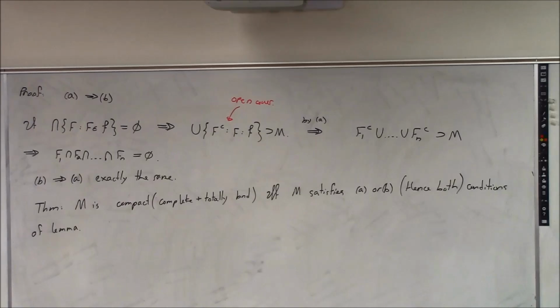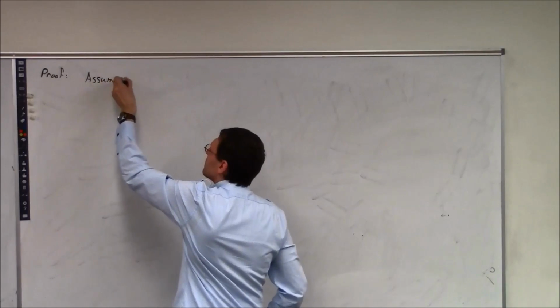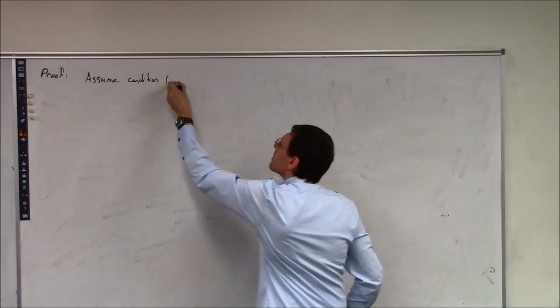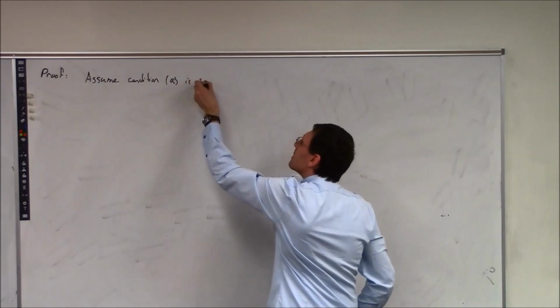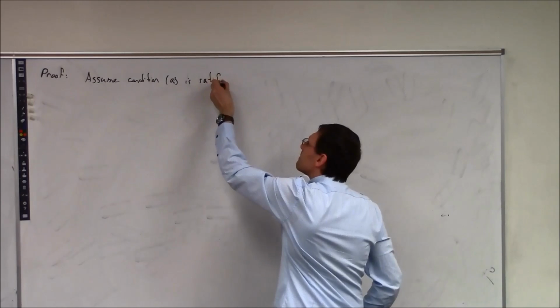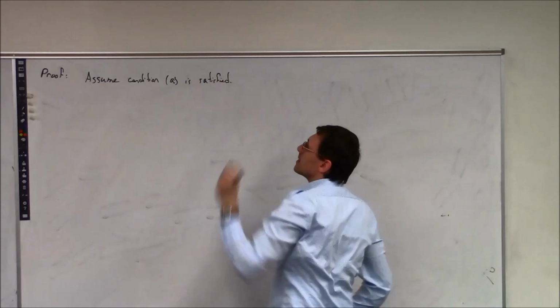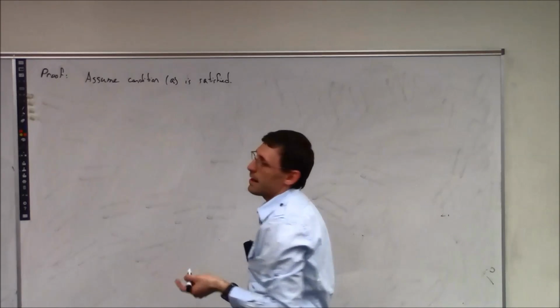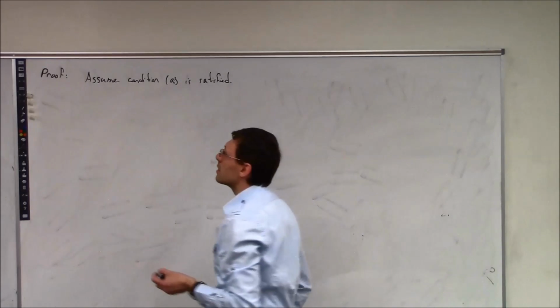Proof. All right, so first let's assume that condition A is satisfied. So of course we then have B. What we need to show is that the space M is both complete and totally bounded.